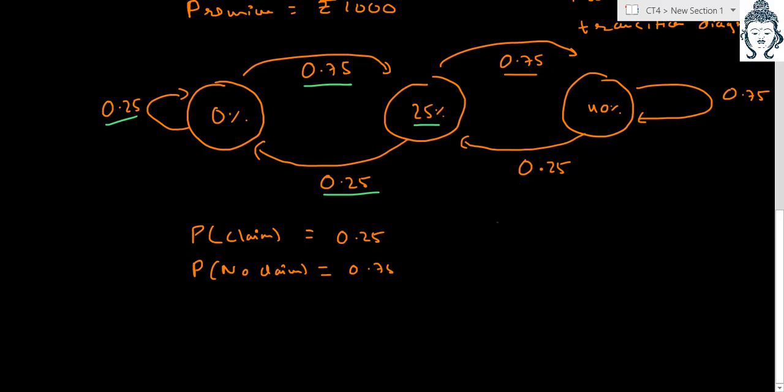Now another way of representing the transition probabilities of a Markov chain is a transition matrix. So let's look at that. As the name suggests, the transition matrix is a matrix or an array of the transition probabilities. So it looks somewhat like this.